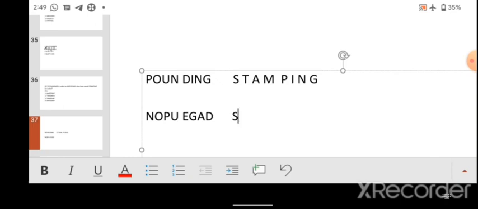It will be A, M, S, T. Then for PING, it will be G, N, I, P. So A, M, S, T, G, sorry, I will come before M. G, H, I, J, K, L, M, N, O, P. So A, M, S, T, G, I, N, P would be the correct answer.